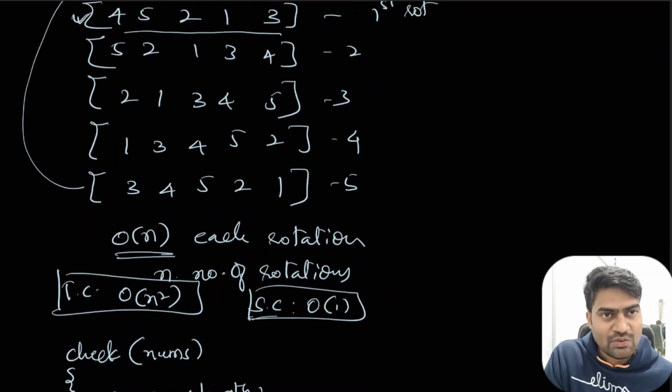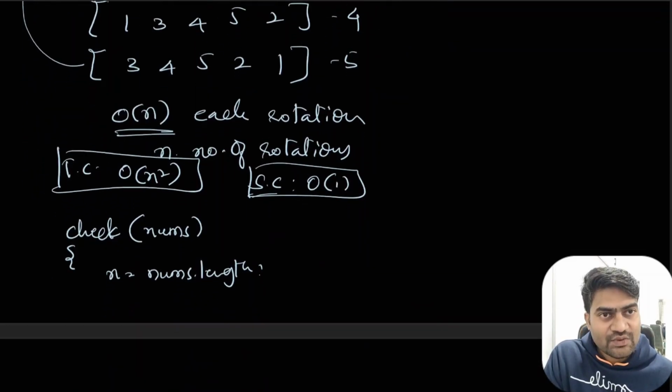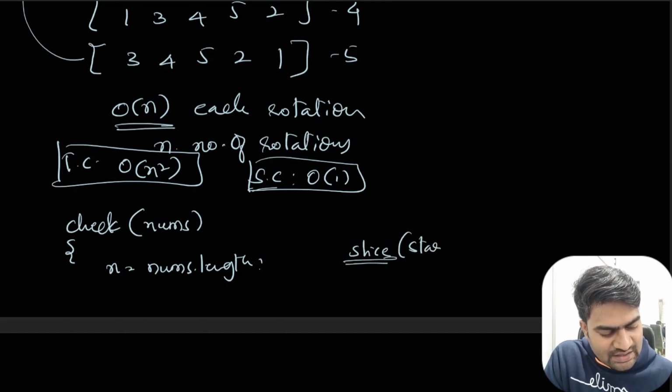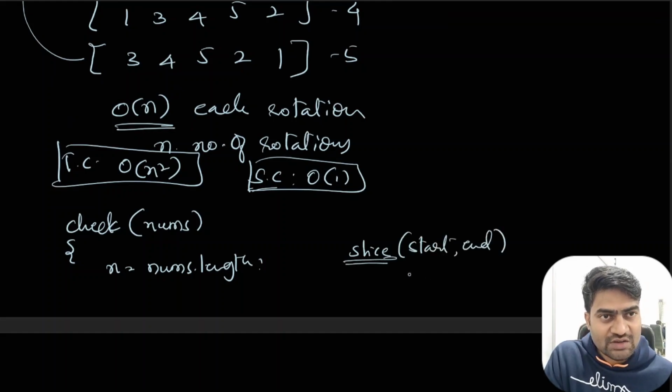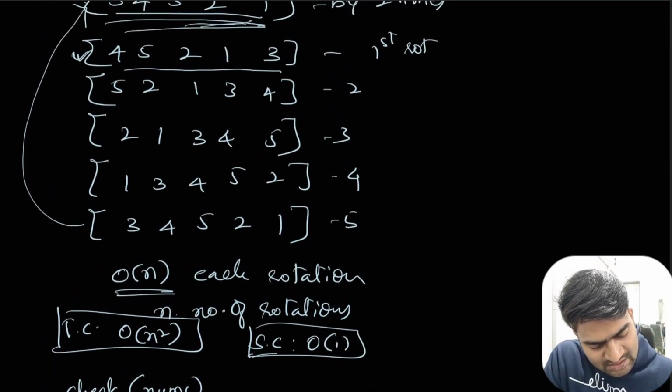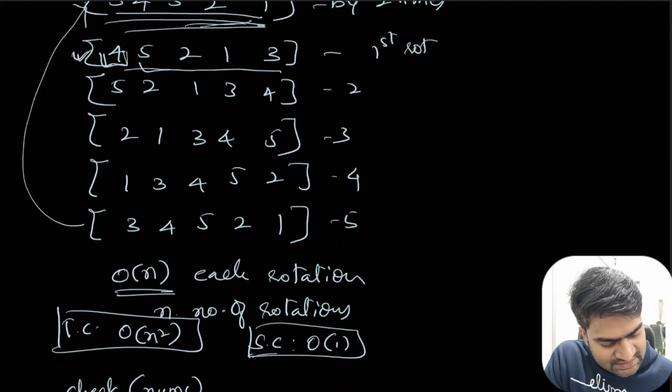But in the code, JavaScript provides us the slice option. Slice means it will take start and end, and it will give you part of the array. So for this rotation, I will take this as the first part and this as the second part.